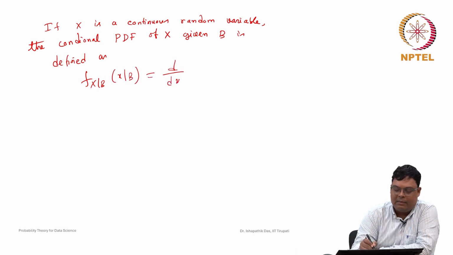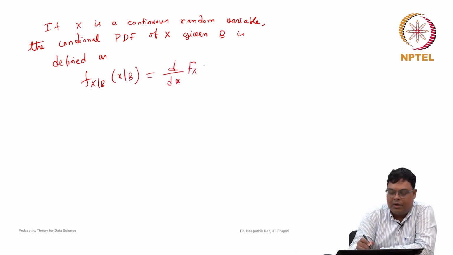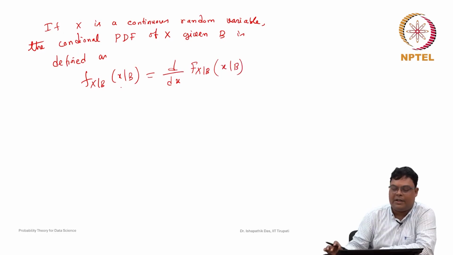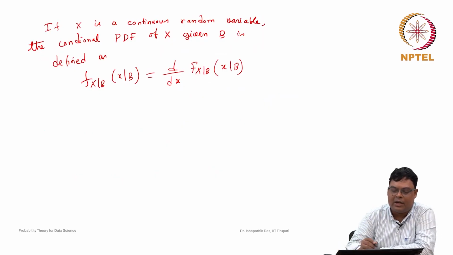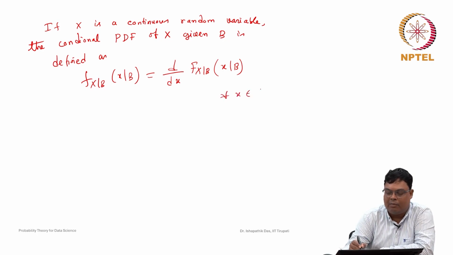It is nothing but the derivative of the conditional cumulative distribution function. It is assumed that the conditional CDF is differentiable for a continuous random variable, and this derivative defines the conditional probability density function f_X(x | B). So, you first find the conditional CDF, then take the derivative, and you get the conditional probability density function of the random variable for any x belonging to the real numbers.